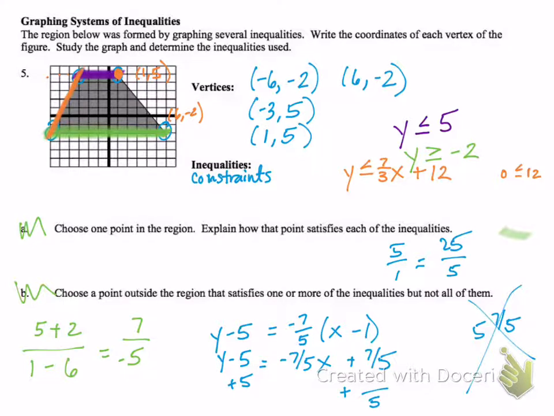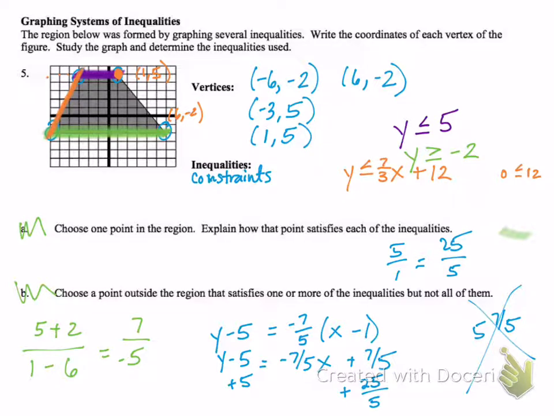Then I'm going to add the 7 in a minute. This is just the 5. So instead of saying plus 5, I'm saying plus 25 over 5. I'm just creating a common denominator, because 25 over 5 is the same, that reduces to 5.